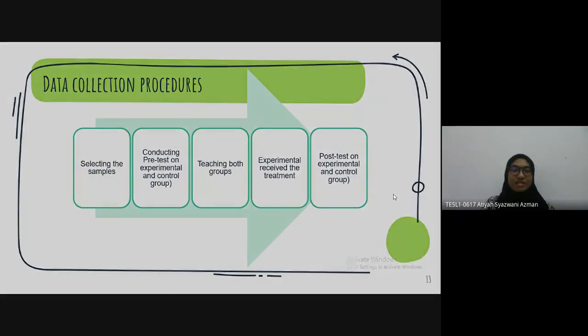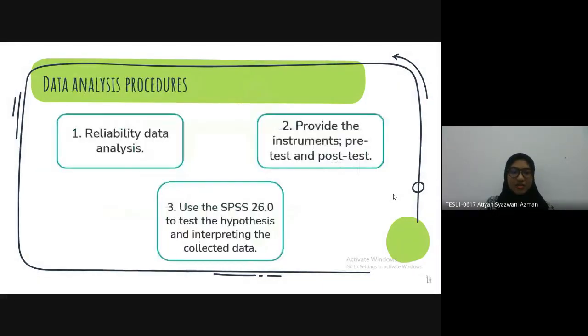So these are the data analysis procedures. The first one is reliability data analysis. Reliability data analysis was conducted among 2 pupils. This one is to measure the reliability of the questions that the researcher has produced.